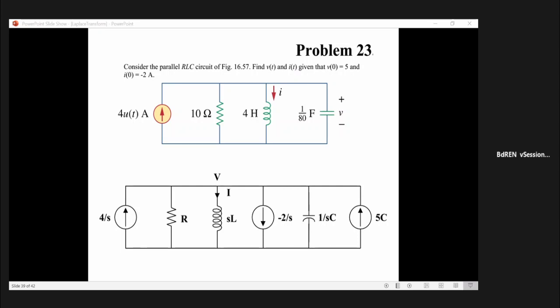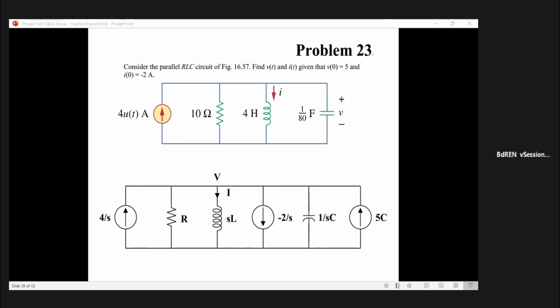If the directions are not properly indicated, then your derivation will be wrong. After deriving the output, you can also check whether the formula is correctly derived by using the initial value theorem.